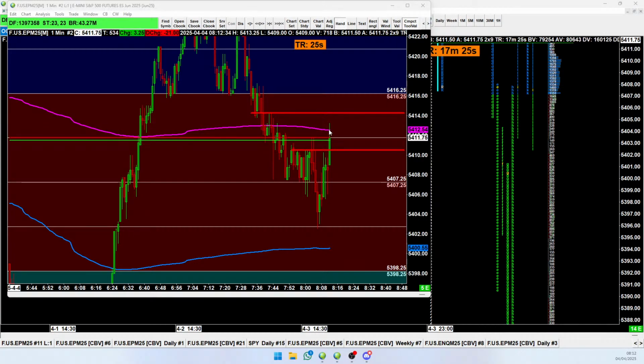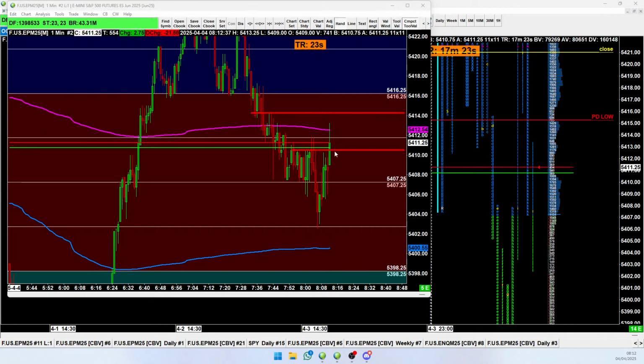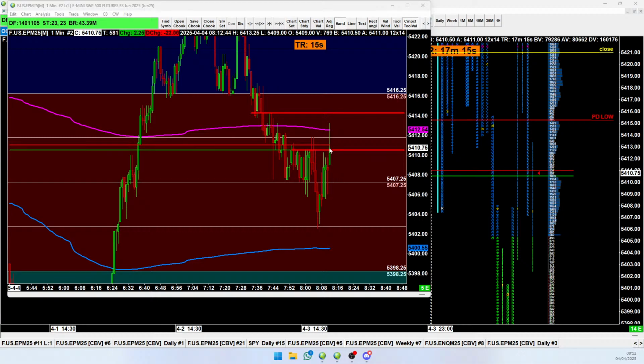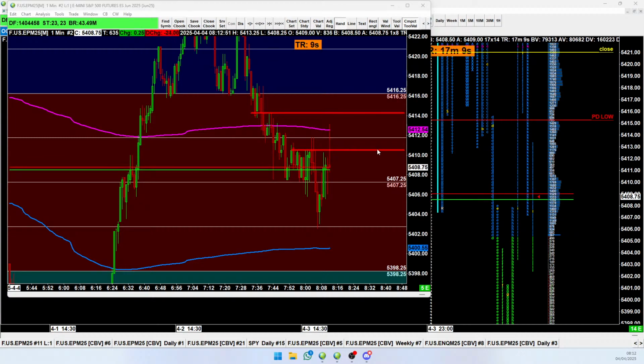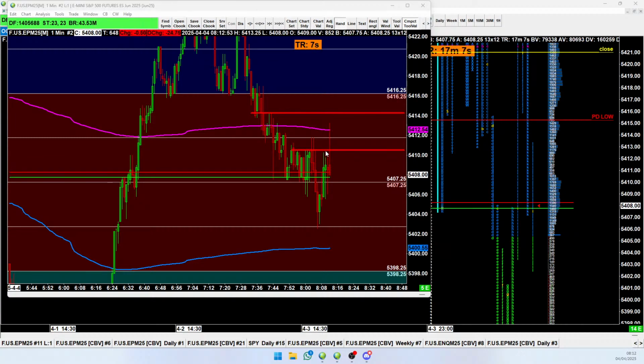Look, we finally brought in enough buyers to go tag VWAP. Now let's see if there's follow through buying and those buyers will stay above 10.5. But if we don't have follow through buying, right back down.